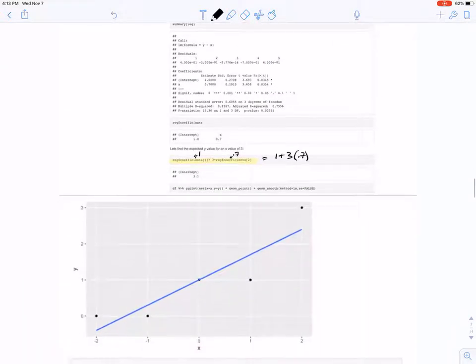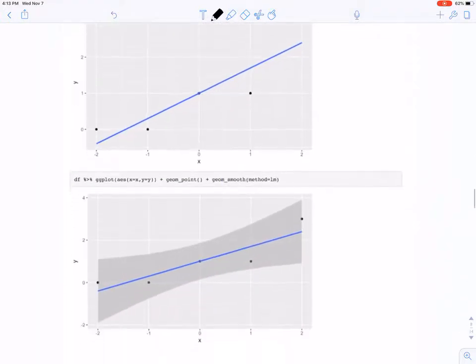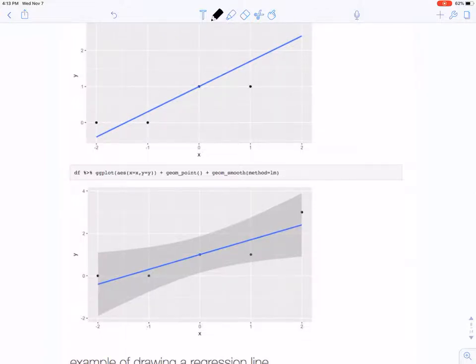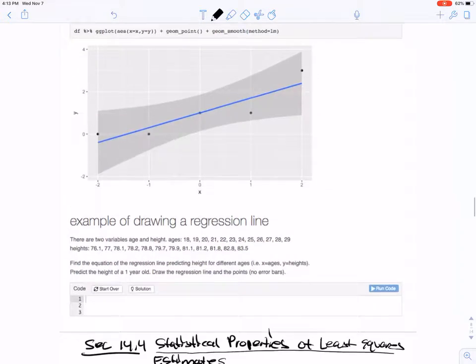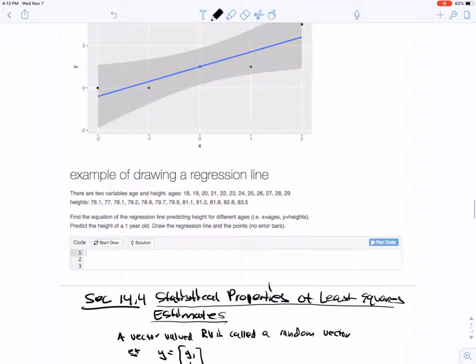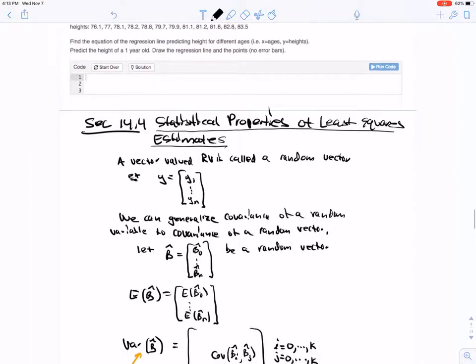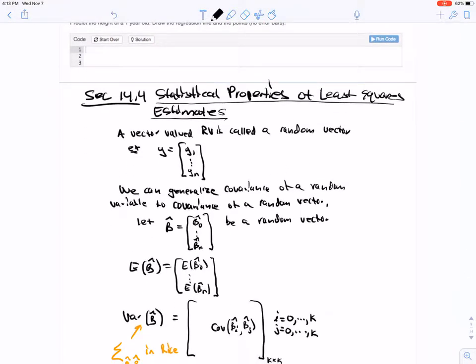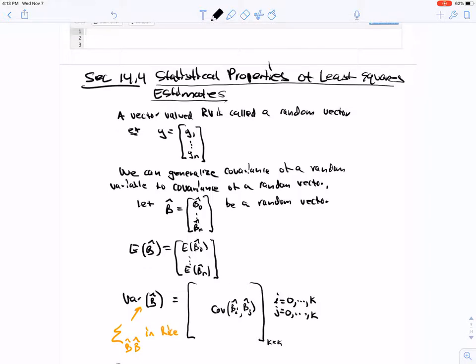You can plot. Geom smooth allows you to plot the regression line, and setting SE false gives us what we need. And if you say method is LM only, then you'll also get error bars, and we'll talk about those error bars later.